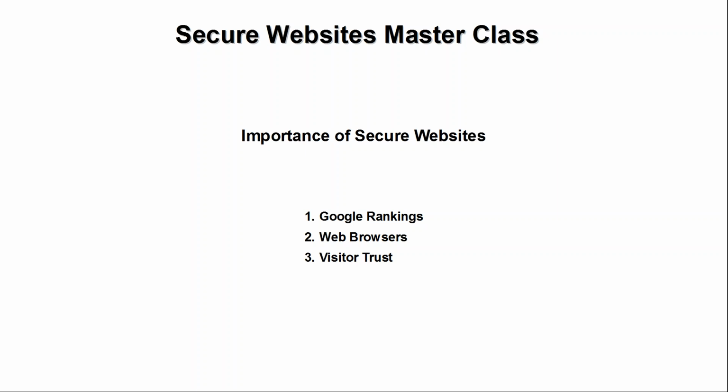Now, another aspect of why this is important to do involves your web browser. And this is something that you can see for yourself by pulling up any web browser that you might have installed on your computer and trying to access a site using an HTTP address and then trying to access a site using an HTTPS address.